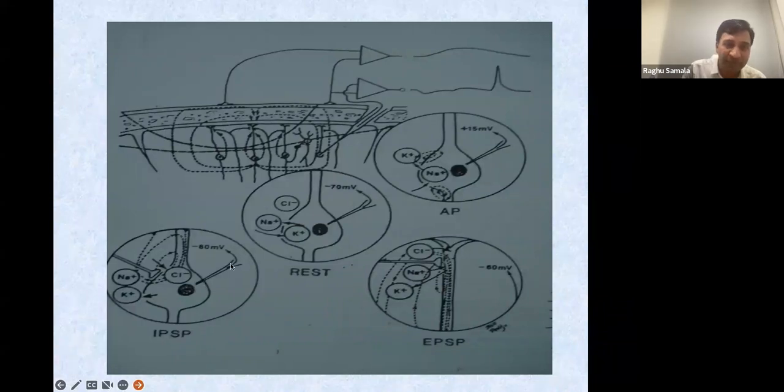It is the potential difference as the resting cell at minus 70 went to minus 80, which is inhibitory. If it is excitatory, you can see it is minus 60. And a full-blown action potential goes up to plus 15.